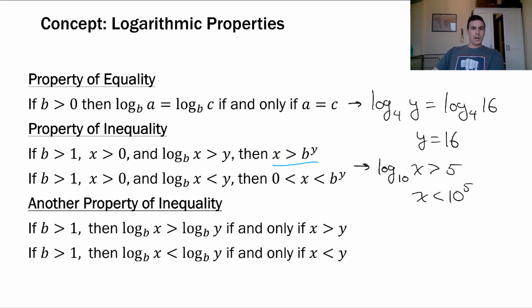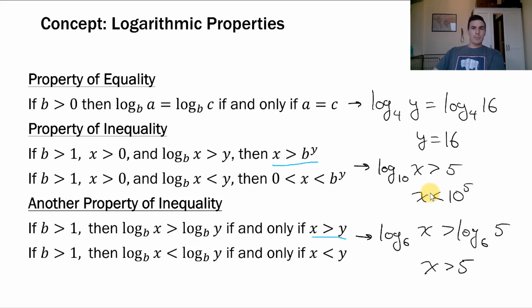I'll show you why this is the case in our examples. We're going to exponentiate both of these, and we will see how our logs drop out. And finally, if I've got log base 6 of x greater than log base 6 of 5, that's true only if x is greater than 5. So that's this property right here.